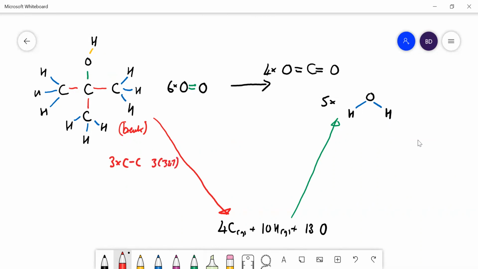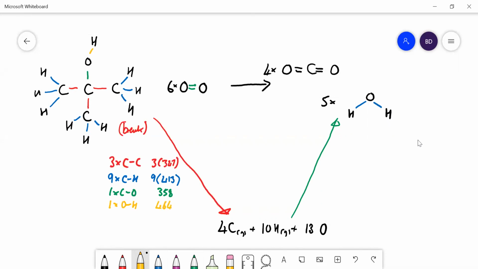We've got to break, in blue, 9 CHs. That's 9 times 413. We've got to break 1 CO, and that's 358. And we've got to break 1 OH, and that's 464.